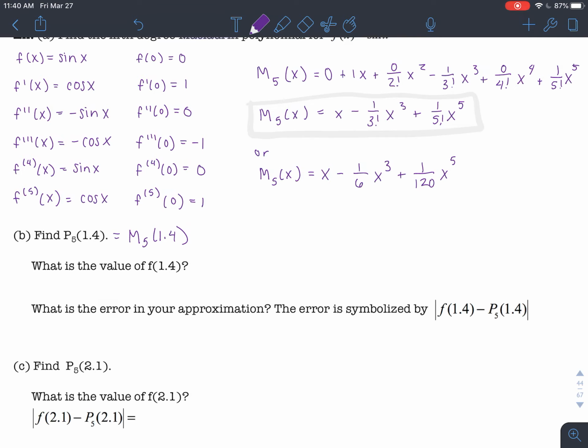Okay, so we're going to use that to find M5 of 1.4, since I named it with M this time. So I'm going to go ahead and use my calculator. Right, I'm approximating 1.4. So I got 1.4 minus 1/6 of 1.4 cubed plus 1 over 120 times 1.4 to the 5th power.